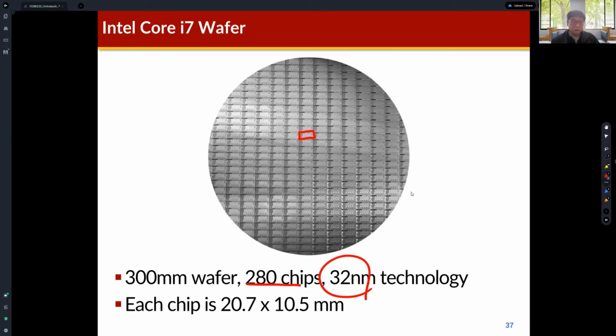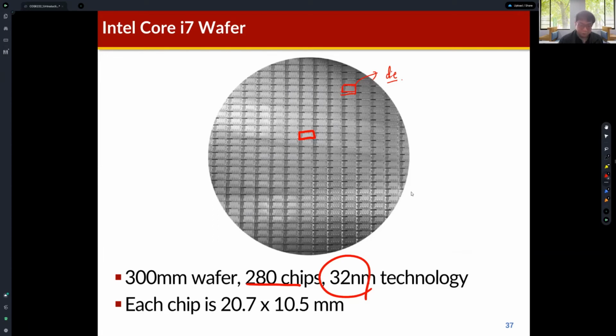The shape of a silicon wafer is a circle, and on the circle, the processor chips are fabricated. The shape of a chip is a rectangle, and this single rectangle is called a die. It's not kill, but die. It's the name of a single chip.